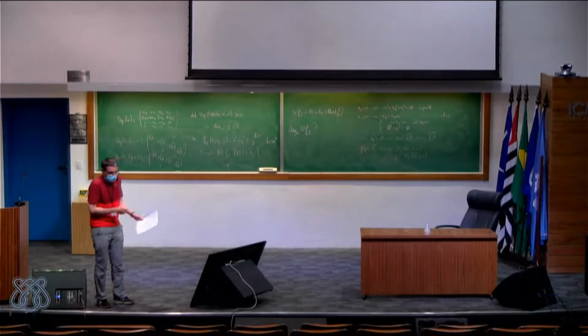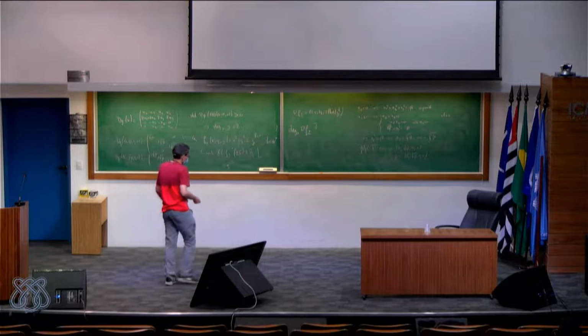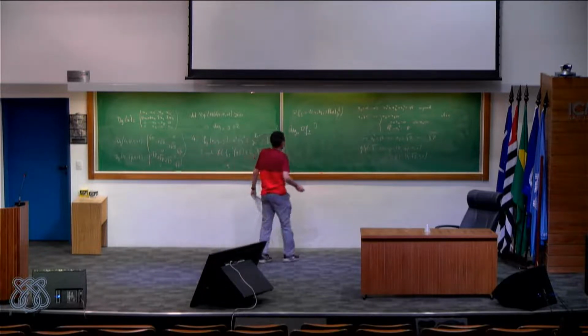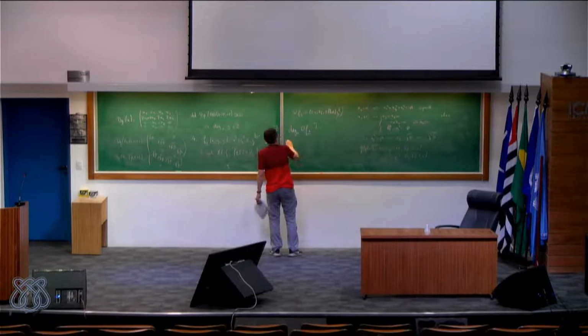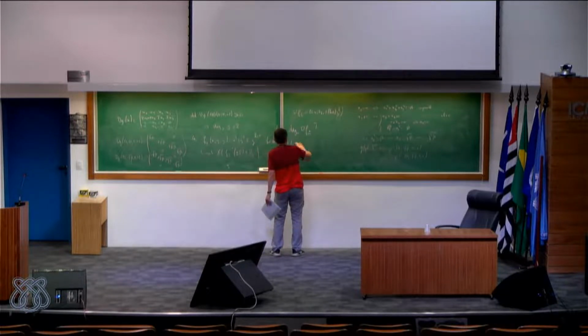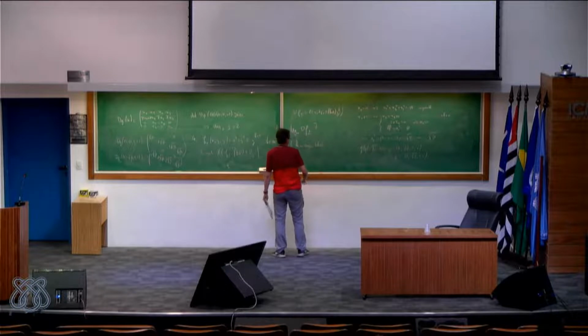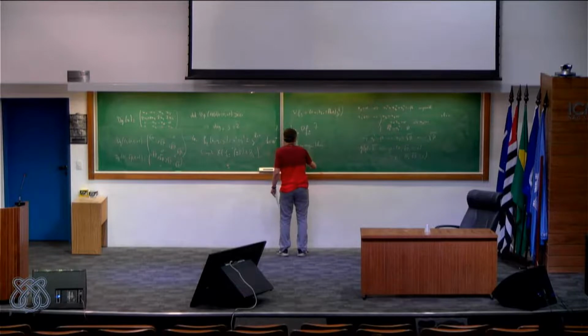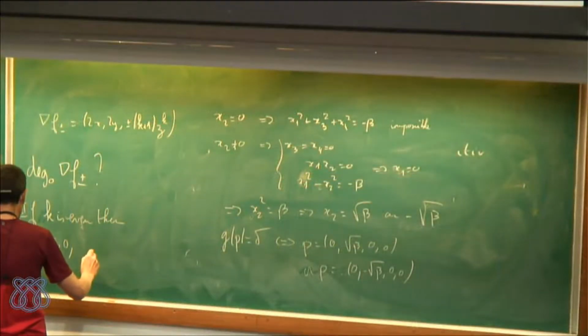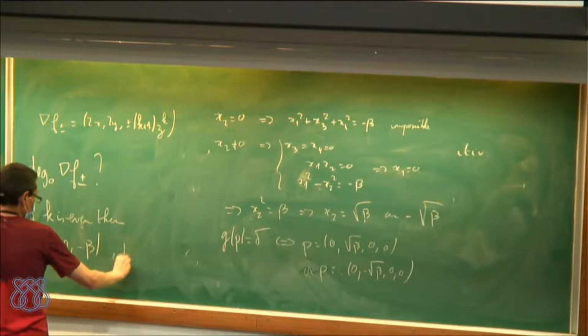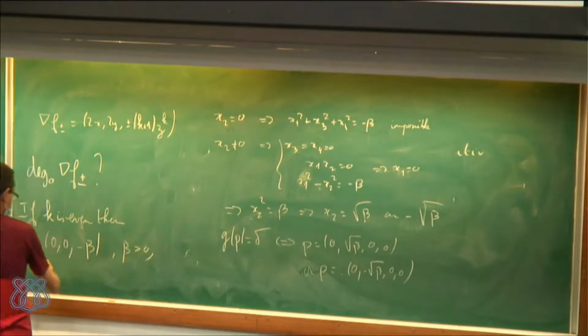Well, yes, that's it. If k is even, this is not surjective. So the degree is 0. So if k is even, then (0, 0, minus beta), where beta is strictly positive, has no preimage.